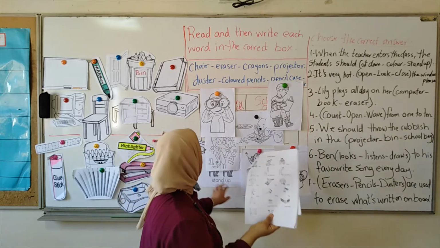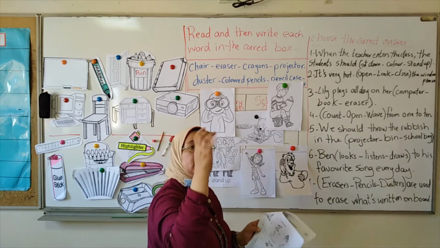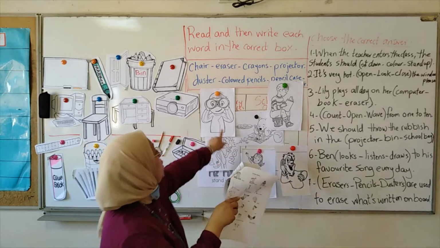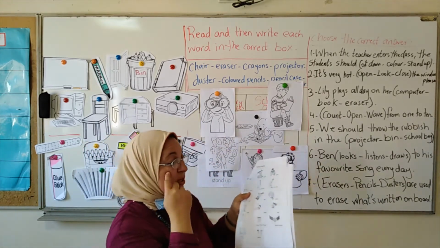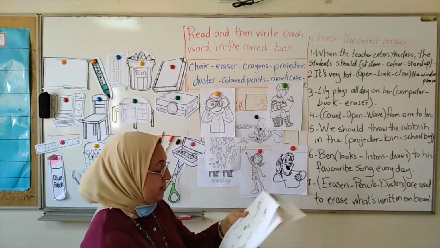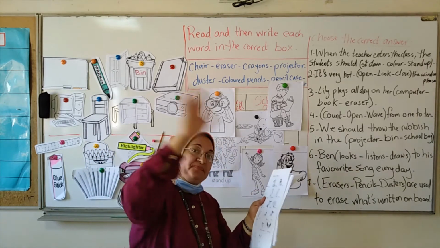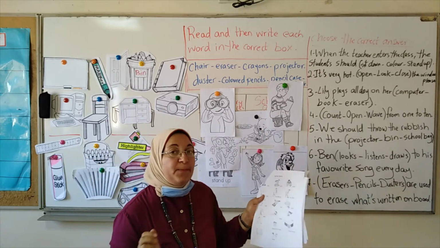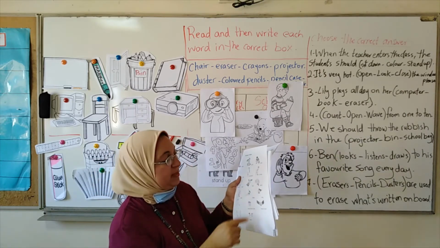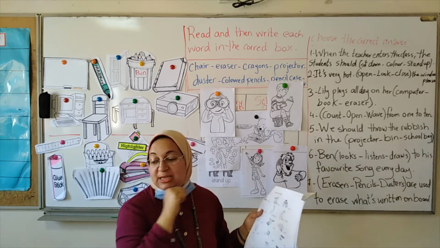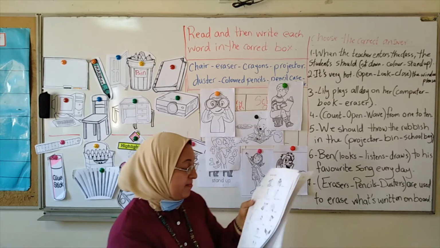Then we have 1, 2, 3, 4, counting, count. Then we have look, listen, wave. Then I have this one, sleep. Then when you take the mic and do this, sing, okay?